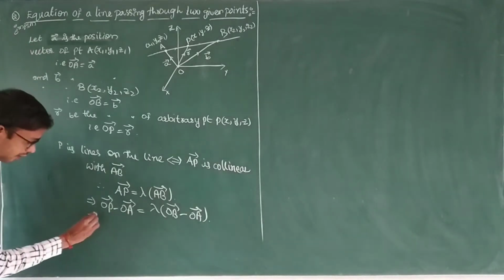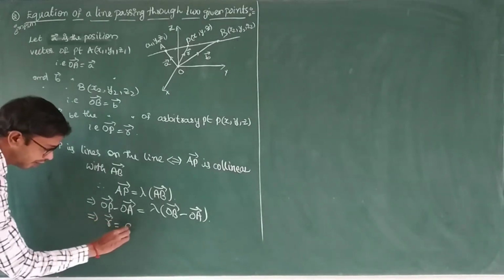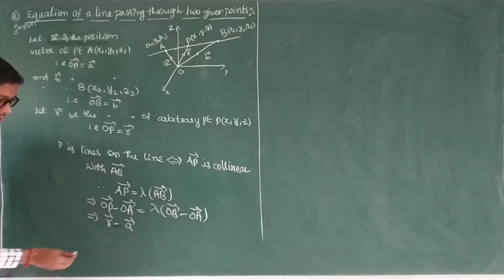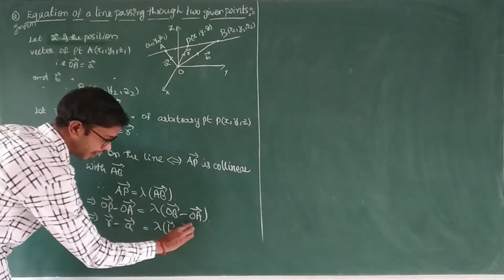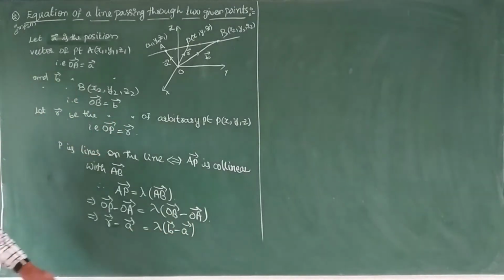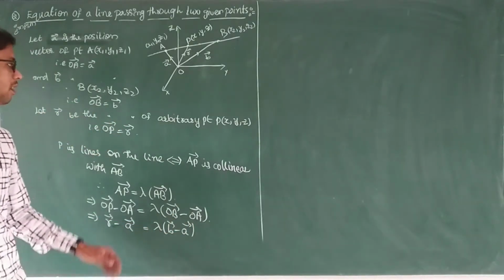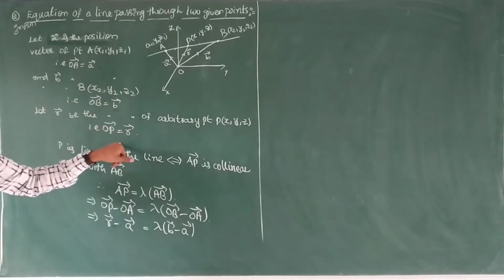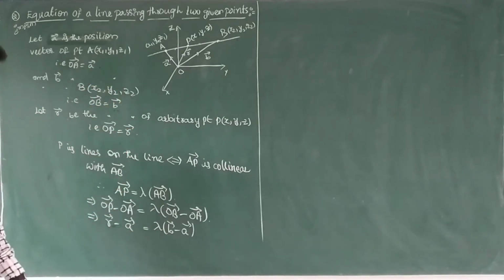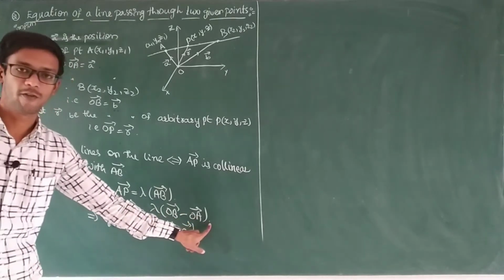So we can write R bar minus A bar is equal to lambda into B bar minus A bar. This is just a substitution by the triangle law of vector addition.